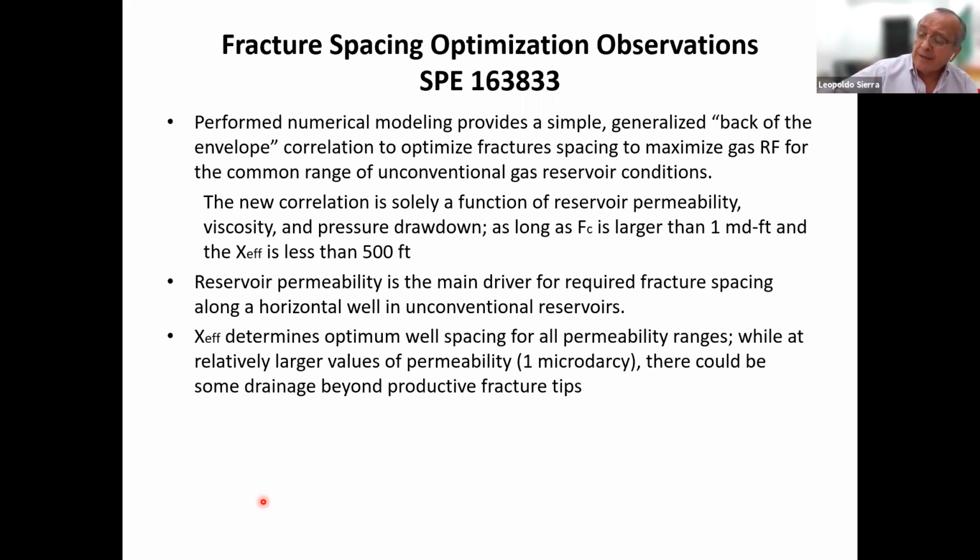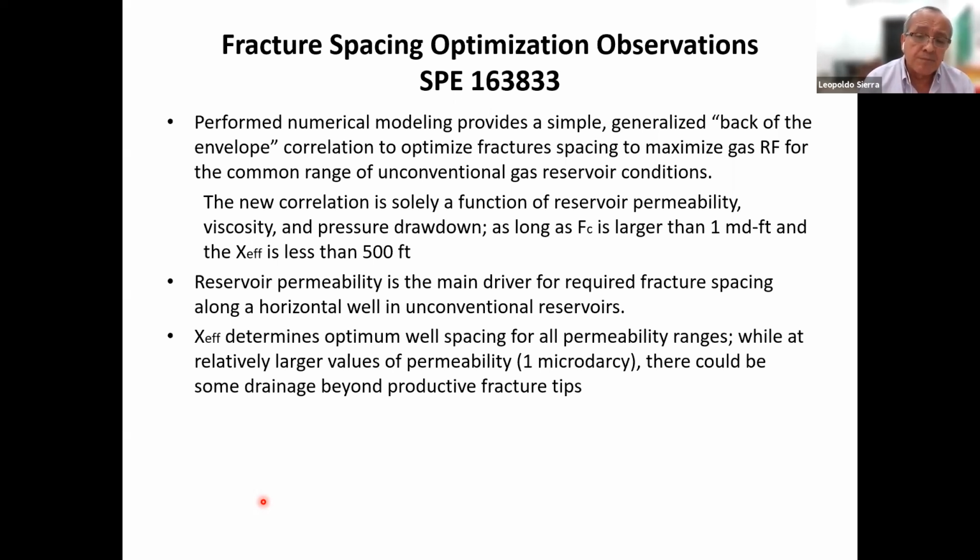So again, this back of the envelope fracture spacing calculation is only valid for formations with permeability not higher than 1,009 units. If you are dealing with a formation with permeability higher than that, this correction is not applicable.